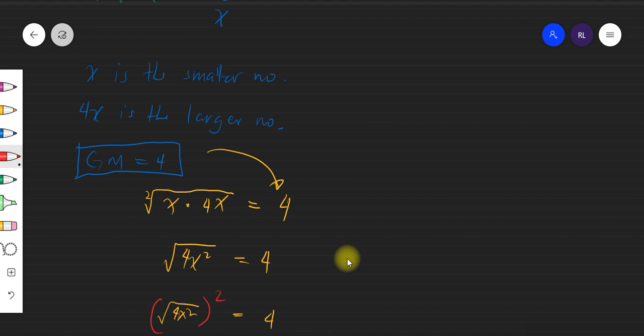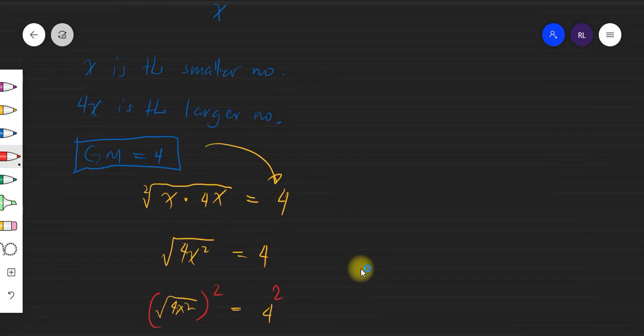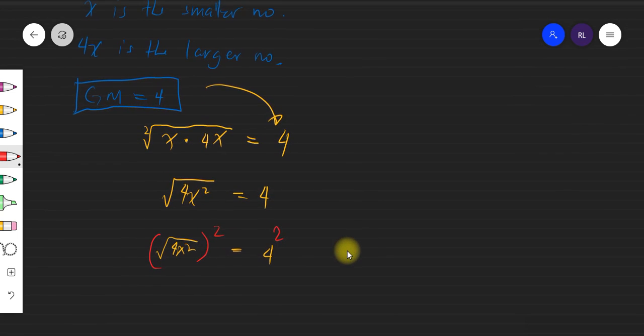Of course, if we square the left side, we also square the right side. That's the principle of equation: whatever you do on the left, you must do on the right. The square and the square root will be cancelled, and you are left with 4x squared equals 16.